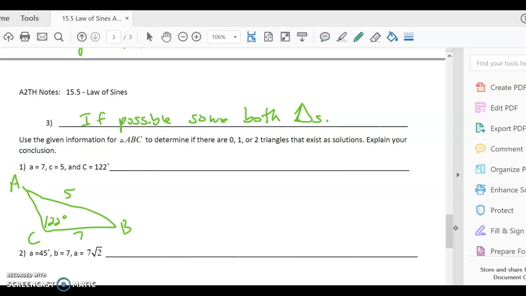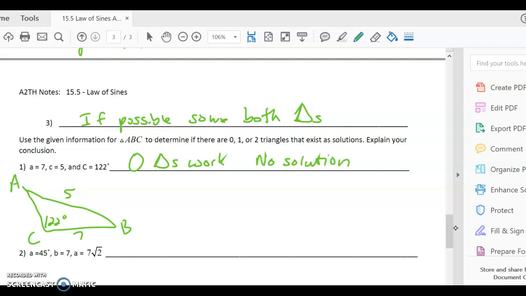Now the first thing you set up is, does this make sense geometrically? Can 5 be the side opposite 122? And the answer is no, because opposite the longest side must be the largest angle, and vice versa. So this actually is going to have 0 triangles. So basically there's no solution to this triangle.